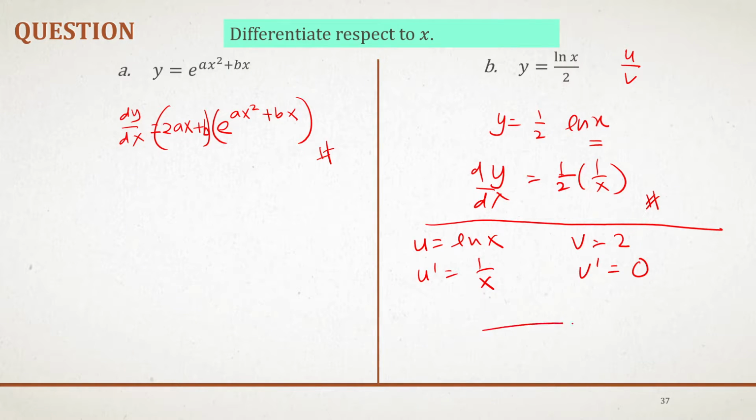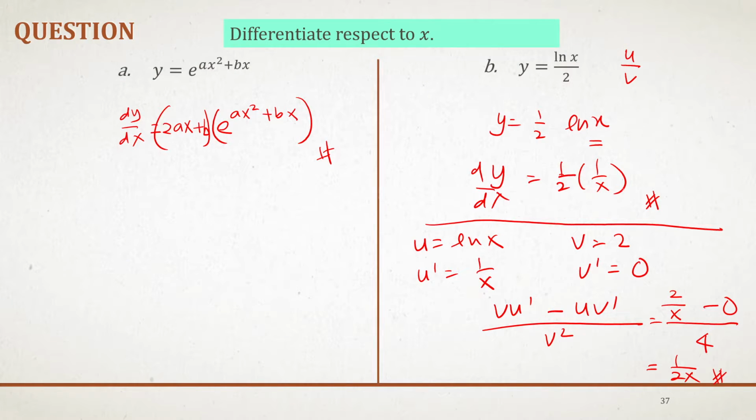So you still can use v squared, vu prime minus uv prime. So v squared actually is 4, vu prime is 2 over x, and then minus 0. Okay, uv prime is 0. So now if you check over here, this one is 1 over 2x, exactly the same answer as the previous one.